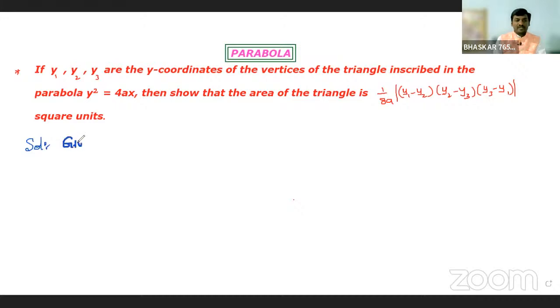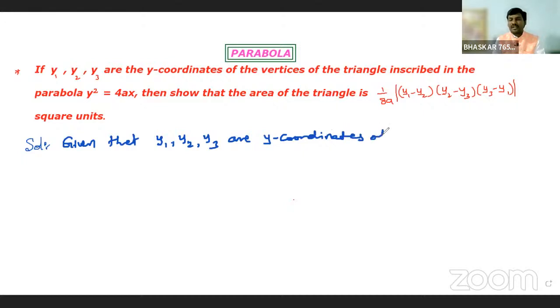Given that y1, y2, y3 are the y coordinates of the vertices of the triangle, a triangle inscribed in the parabola y square is equal to 4ax.